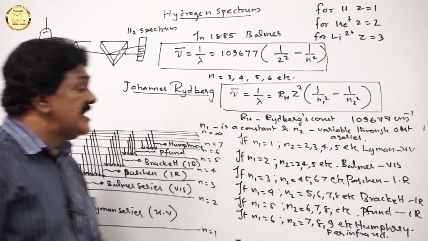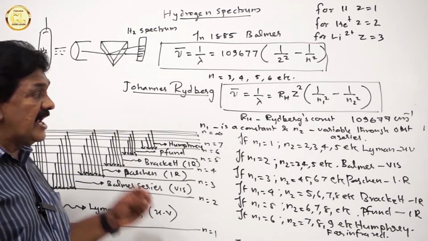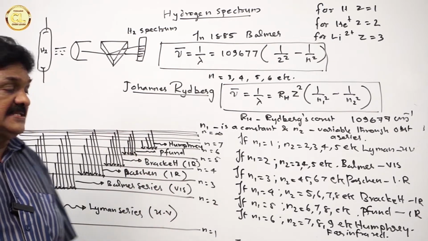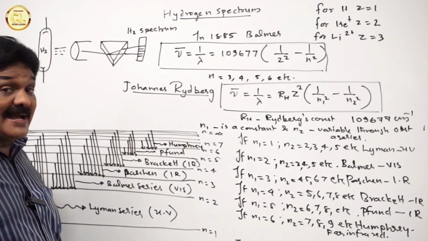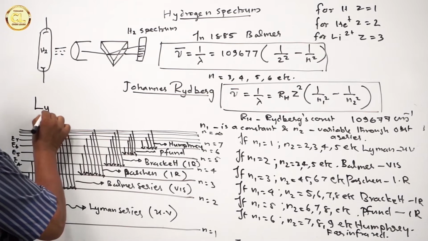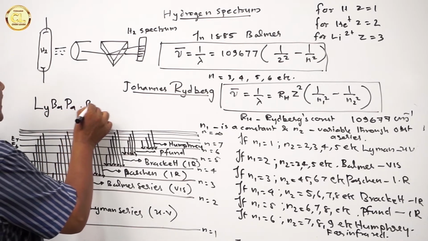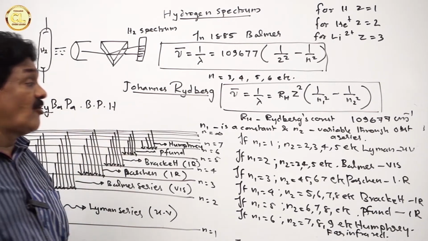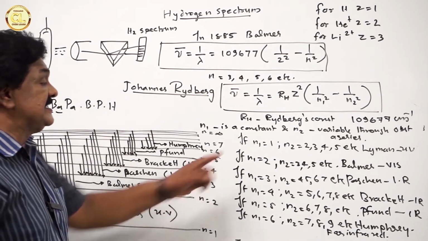And these series of lines are to be remembered in a sequence because the values of n1 and n2 change continuously in a sequence. And these series can be remembered by a simple short form. See, Ly, Ba, Pa, B, P, H. Here, Ly stands for Lyman series. Ba stands for Balmer series.